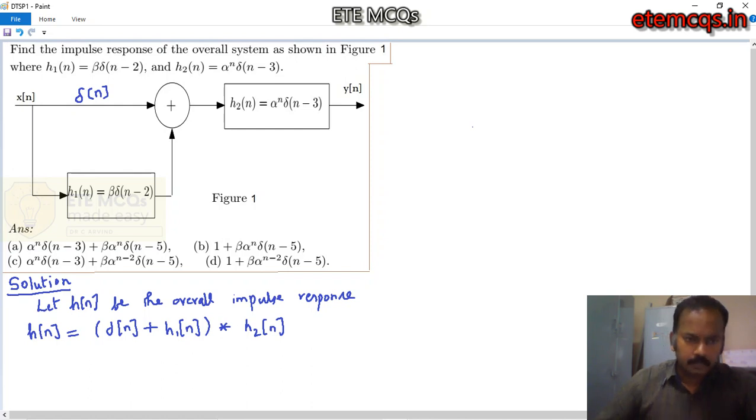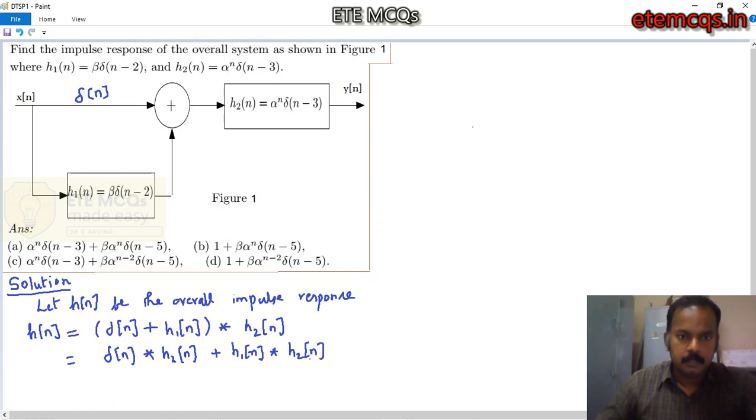Now, based on the distributive property, this can be further rewritten as del of n convolved with h2 of n plus h1 of n convolved with h2 of n. This is all what we have.